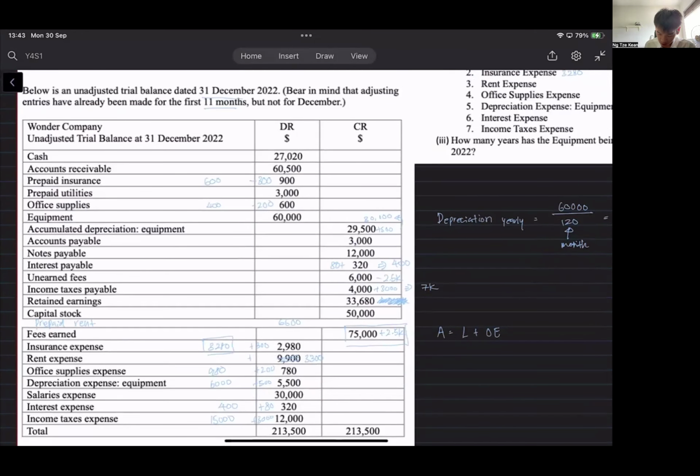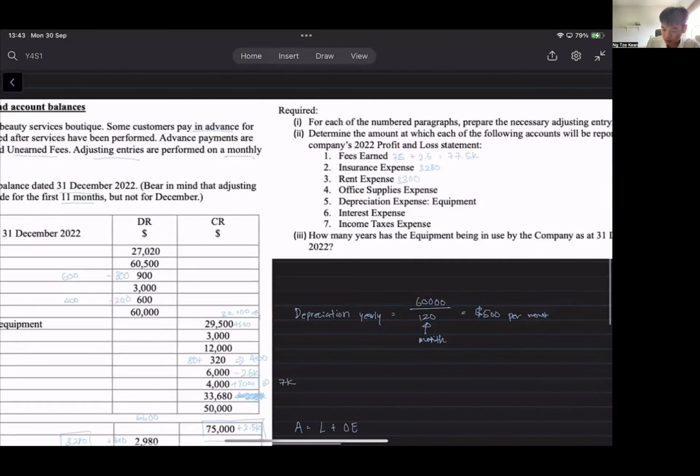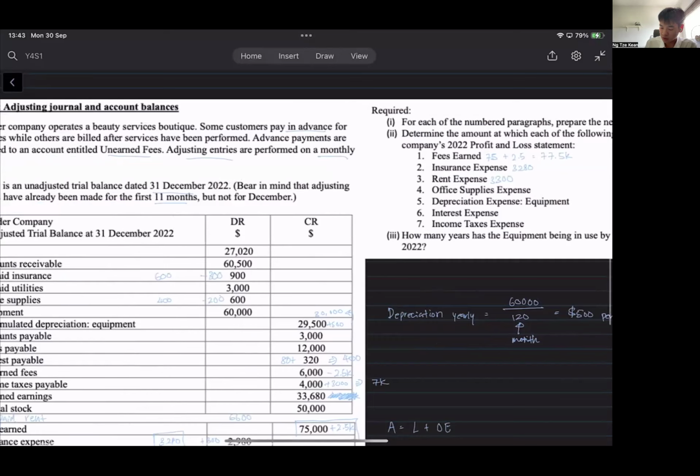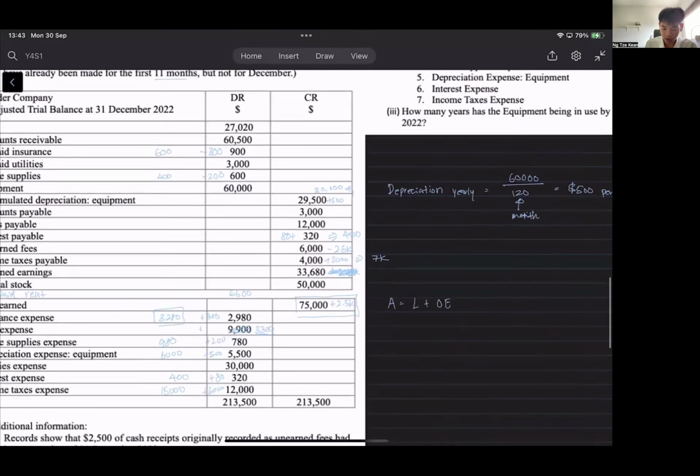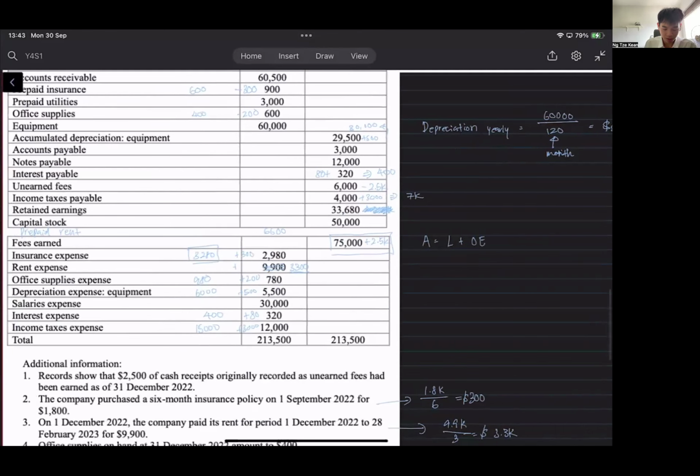For the rent expense, we have a mistaken entry here by the accountant. So the correct rent expense would be 3300. Okay. We also have the office supply expense, which we know is 200 for the adjusting entry, but we also need to find out the office expense for the other 11 months.